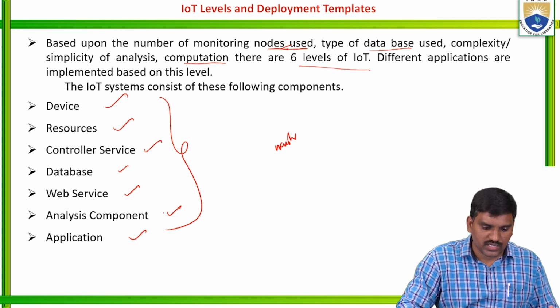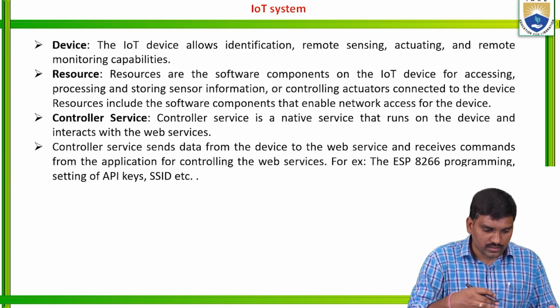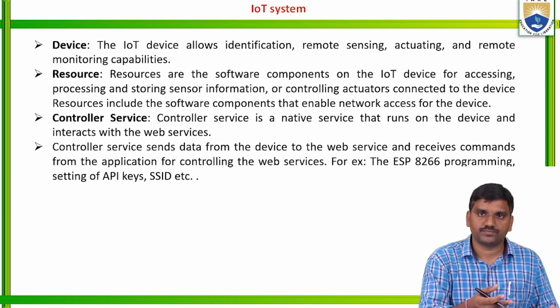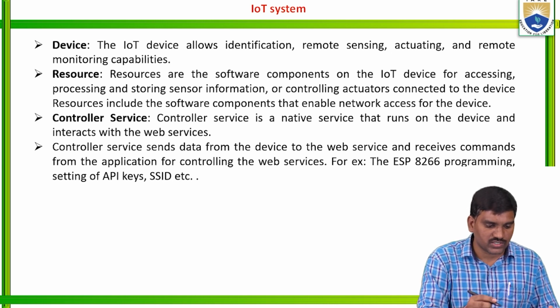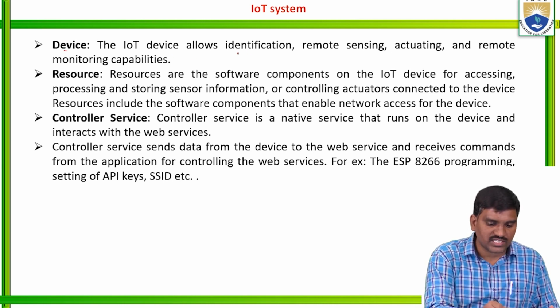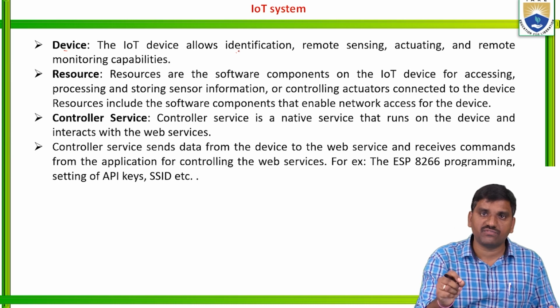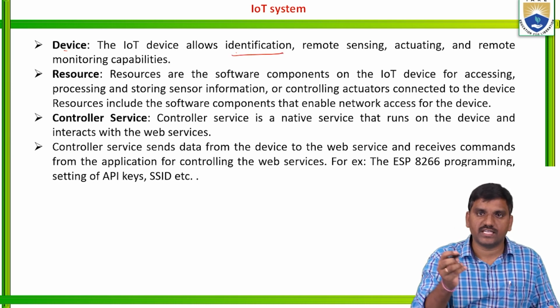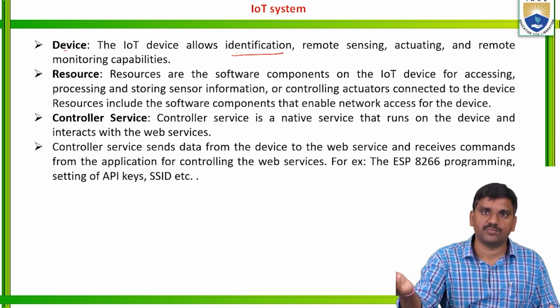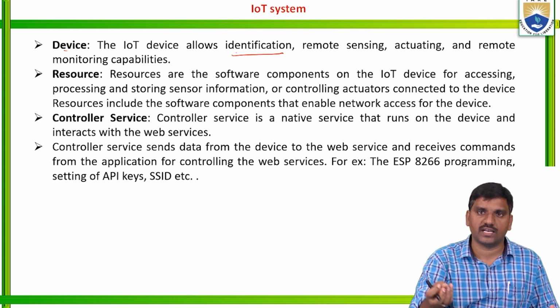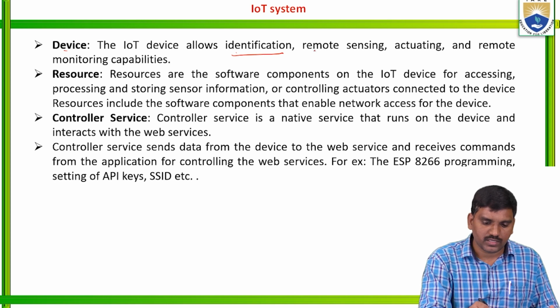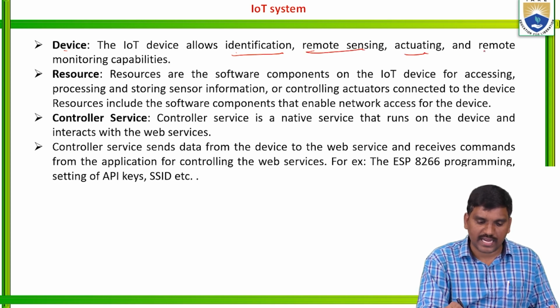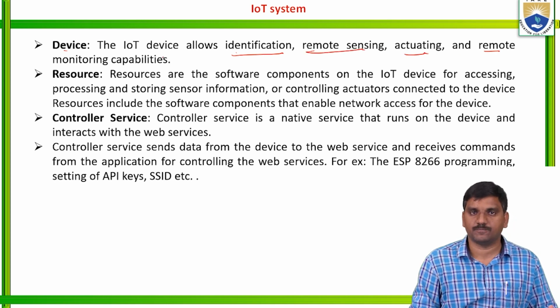Let's first start with the elaboration of these words. Device. What is the function of a device? It can be used for identification, whether it is communication, non-communication or network. The basic functions of a device are identification, remote sensing, actuating, and remote monitoring capabilities.